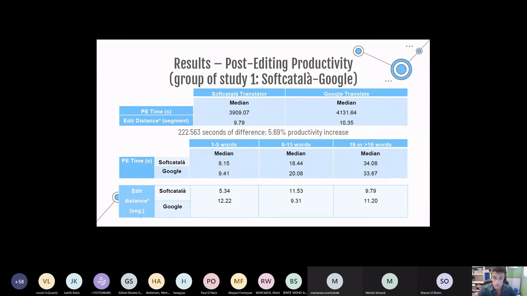We would need to increase the segments evaluated or even increase the number of post-editors. I then did a more precise evaluation among different sentence lengths, and Softcatalà Translator wins in post-editing time against Google in short and medium sentences, but loses in long sentences of 16 or more words.